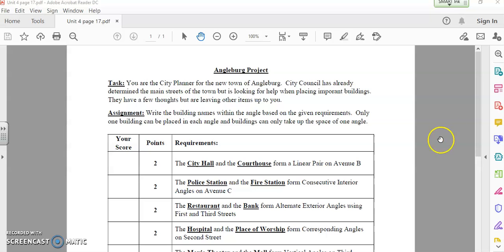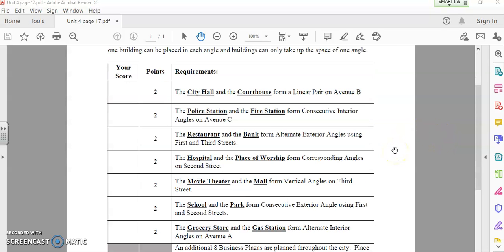So what you'll notice then in this chart is you have 7 sets of buildings that are required, and in each one they also give you a required angle pair and often a set of streets to use. Sometimes it's 1 street, sometimes it's 2 streets.